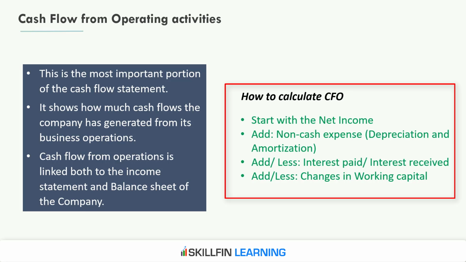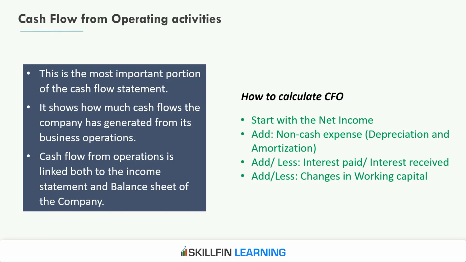Then we deduct the interest received or add the interest paid, because these are financing activities. And then at the last, we add or deduct the changes in working capital. Any increase in working capital is a cash outflow for the business, and any decrease in working capital is a cash inflow for the business.